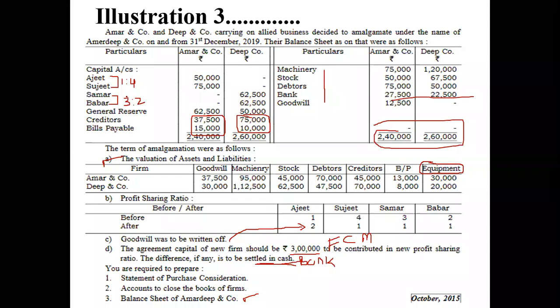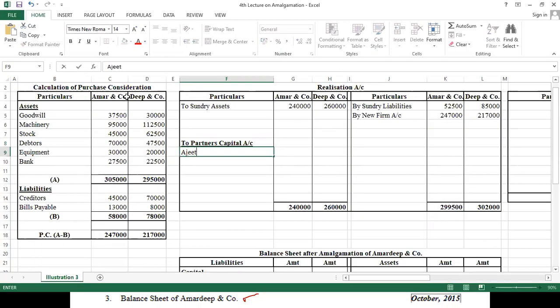Name of the partners is Ajit, Sujit, Samar and Babar. So write down Ajit, Sujit, Samar and Babar. Okay. Now first of all, let's make a total of it. Here the credit side is heavy.